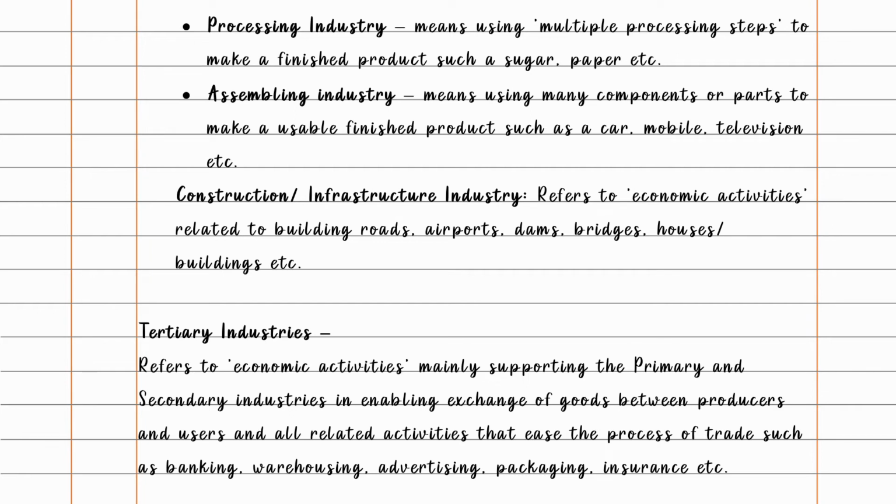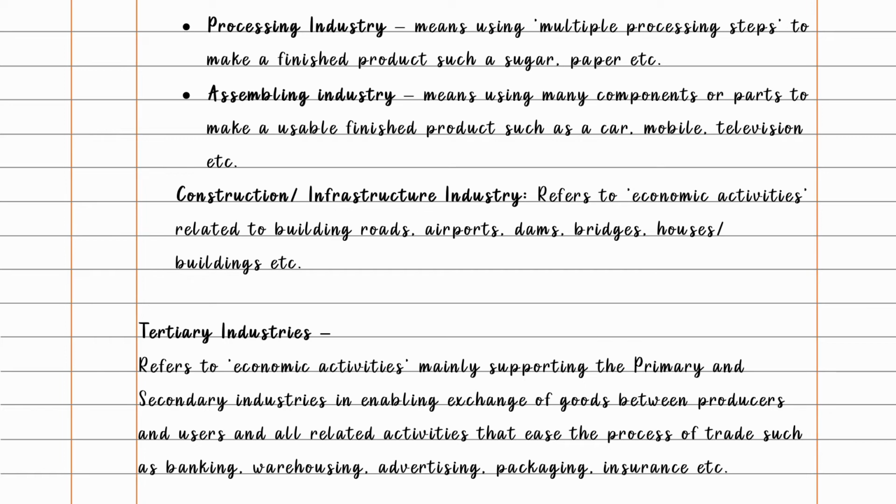So isn't it so simple then? First you have analytical, then you have synthetical, then you have processing industry, and then you have the assembling industry. So that completes your manufacturing industry, which is the other form of secondary industry, which is, you just can't forget that, the construction or the infrastructure industry. That is very important.